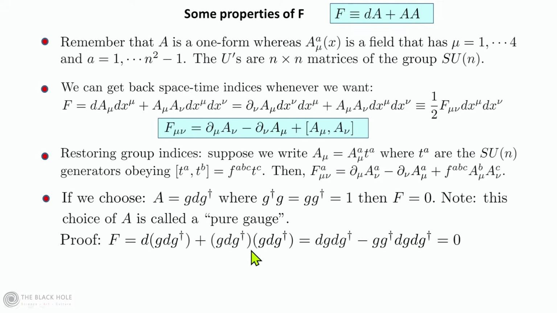And now here, what are we doing? Here we're using the fact that when you take d of G dagger G, then that's equal to 0. And so you just flip that around. And so look, G G dagger is 1, and so this and this have cancelled. The point is, and this is a very important point, that any A which can be written in this form gives rise to a 0 field strength tensor. F is 0, although A is not 0.